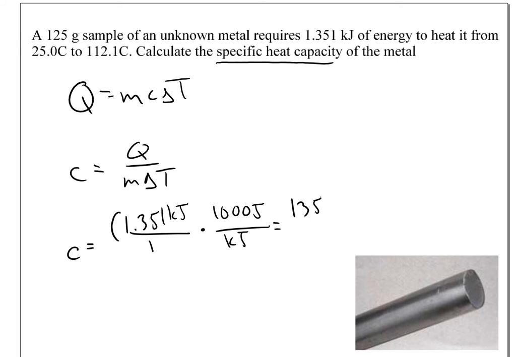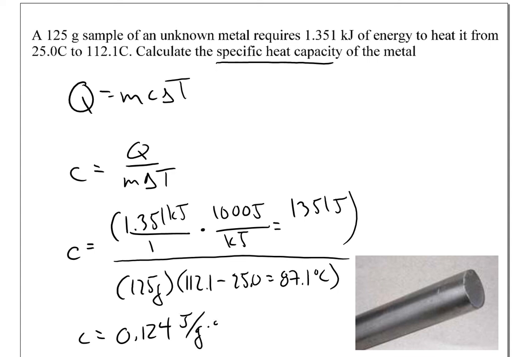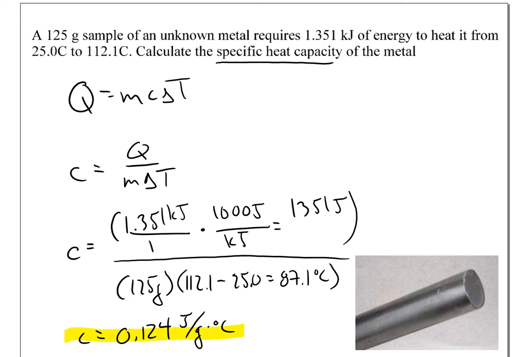That's going to give us 1351 joules, all over a mass of 125 grams, and a change in temperature, final minus initial, which gives us a delta T of 87.1 degrees Celsius. Solving this out, we get a specific heat of 0.124 and units of joules per gram per degree Celsius. The units match, and we've rounded to significant figures.